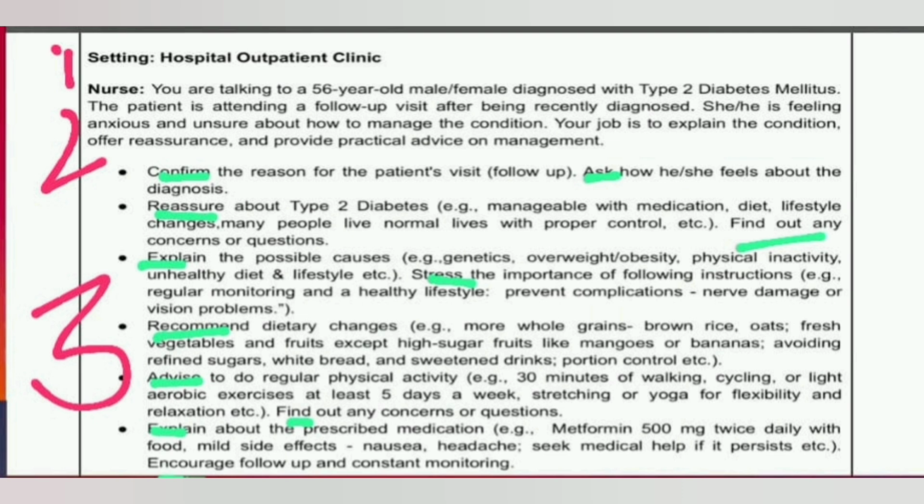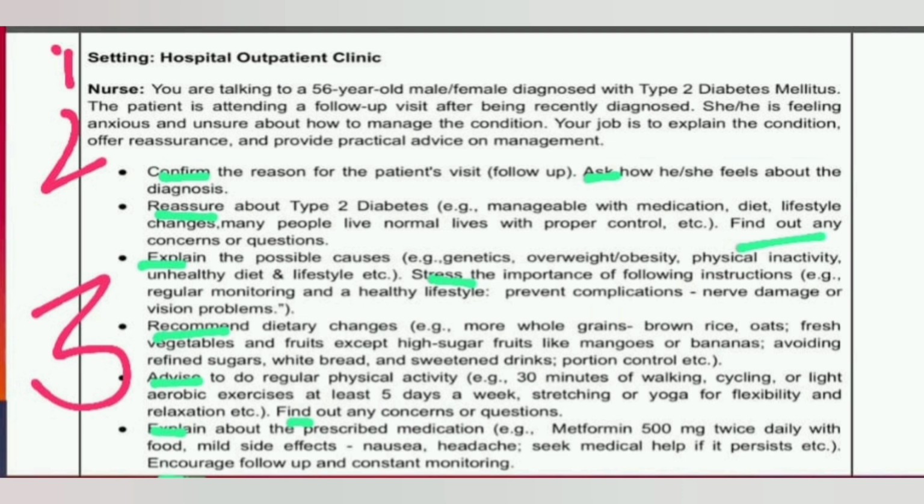Firstly, genetics. It is based on genetics, that is your family history. And next we can also say, secondly, obesity or being overweight is also a main cause. Thirdly, if you are not able to do physical activity, it can also be a main cause. And lastly is your diet.